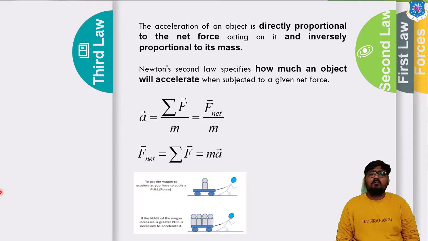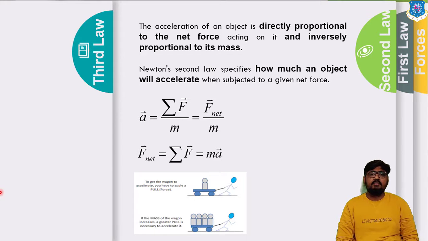The acceleration of an object is directly proportional to the net force acting on it and inversely proportional to its mass. Newton's second law specifies how much an object will accelerate when subjected to a given net force.